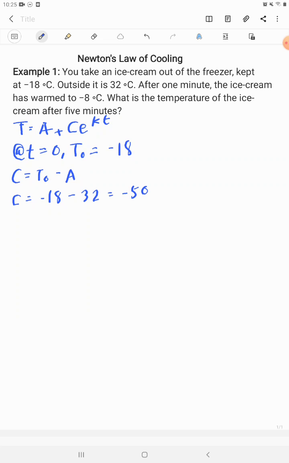Now we have a more particular solution that has a value for C already. So we can rewrite our equation as T equals A, and the temperature of the surrounding is 32, plus C, which is now equal to negative 50.